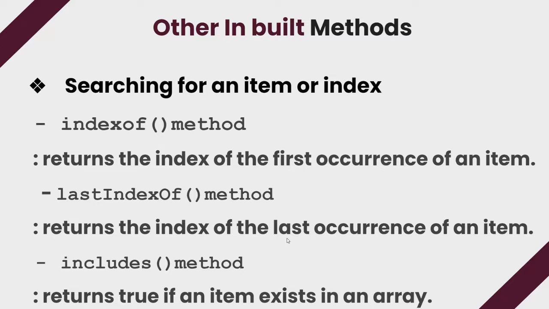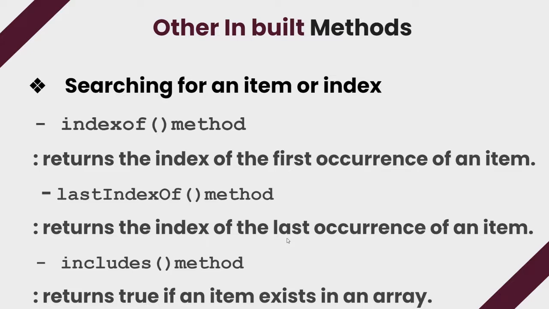Now this method, when applied on an array item or element, would actually return the index of the first occurrence of that item. Now what this means is that if the item appears multiple times within that array, it would only return the index of the first occurrence. So that's basically the very first time the item ever appeared within the array, leaving the other occurrences.